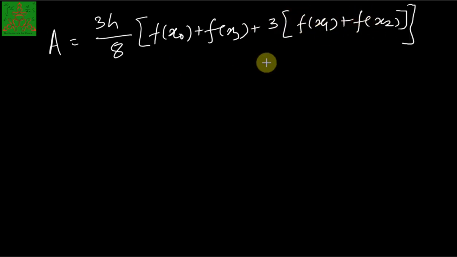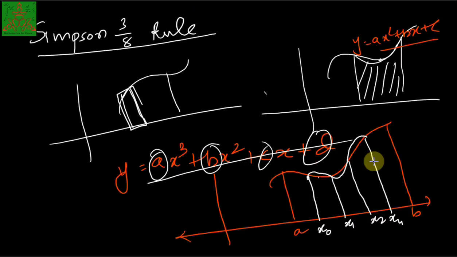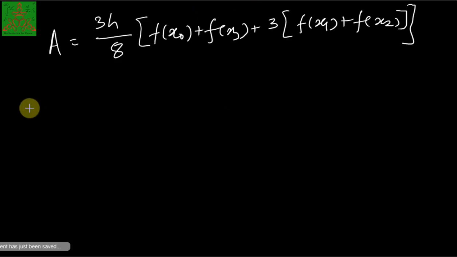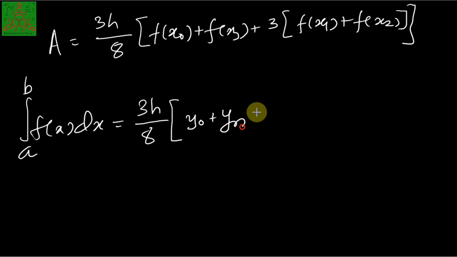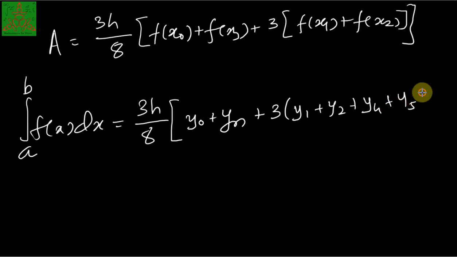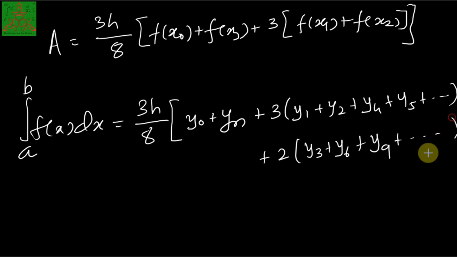This will be the formula for this white line, and the whole formula of integration using Simpson's 3/8 rule is the integral from a to b of f of x dx equals 3h by 8 times y0 plus yn, plus 3 times y1 plus y2, y4 plus y5 and so on, plus 2 times y3, y6 is missing, y9 should be there, and so on.